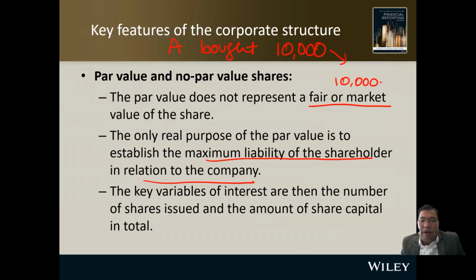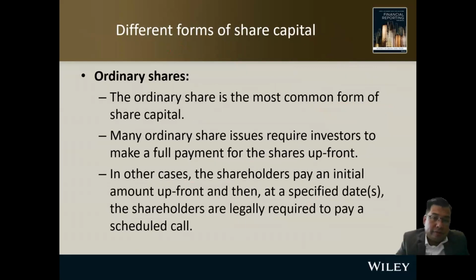So the key variables of interest are the number of shares issued and the amount of share capital in total. Ordinary shares: we have different types of share capital. The most common one is ordinary shares.